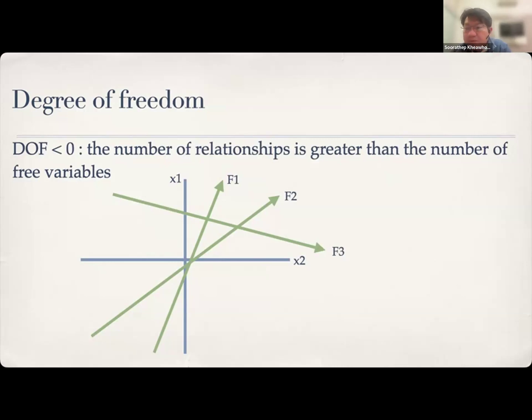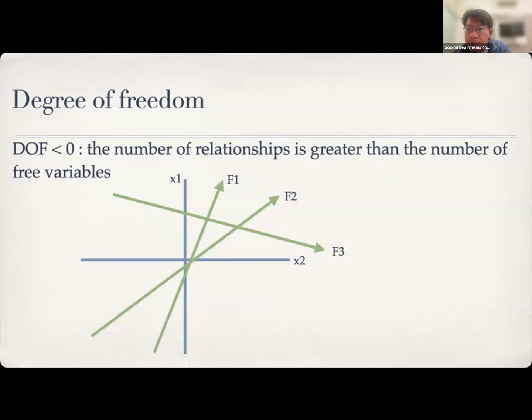So if the degree of freedom is 0, what does it mean? That means everything is already defined. You cannot adjust anything. That means the system is a system of equations, and a system of equations is not an optimization problem.